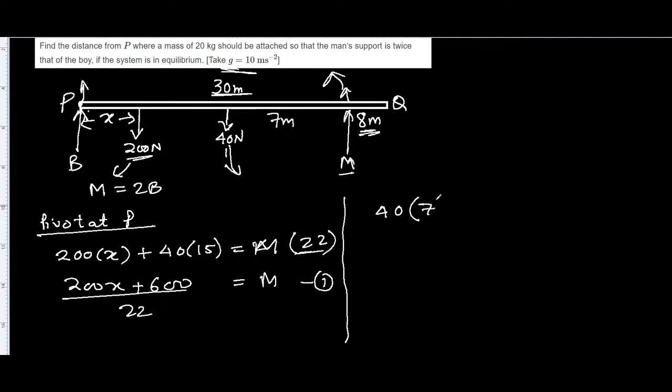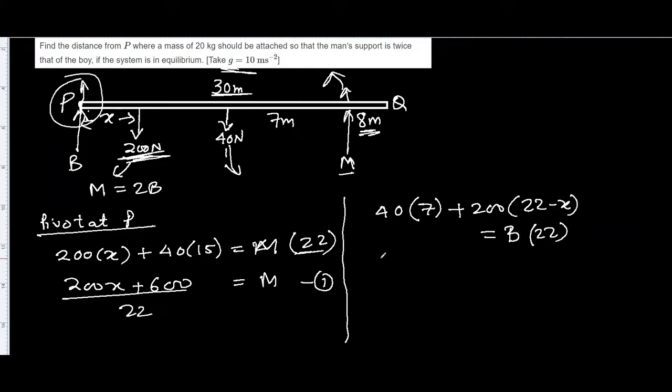So 7 plus 200 will also be anti-clockwise, 200 multiplied by the distance between P and M, which is 22, so it will be 22 minus x, and that will be equal to the clockwise moment by P. So it will be B, the reaction force from the boy, and the distance between them is 22.